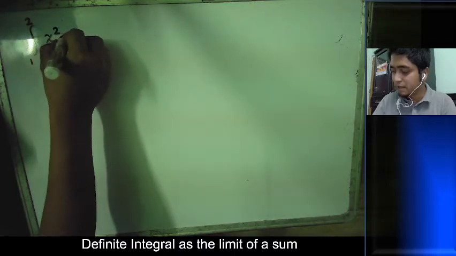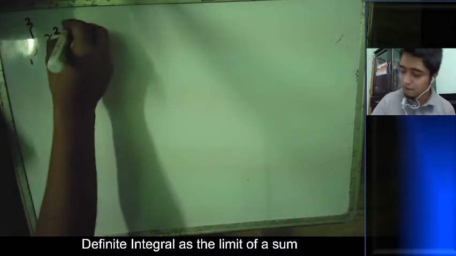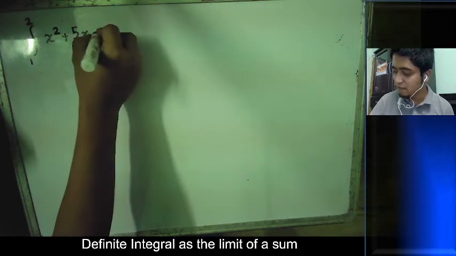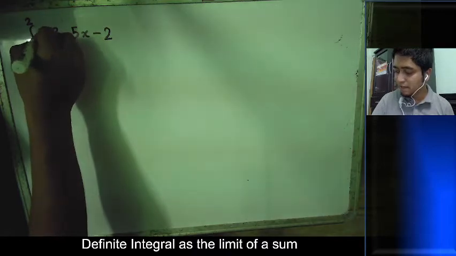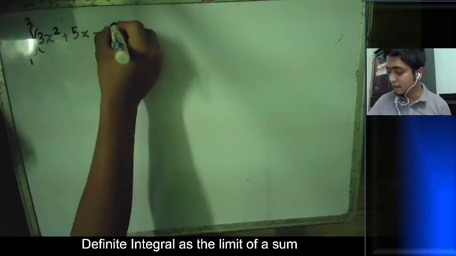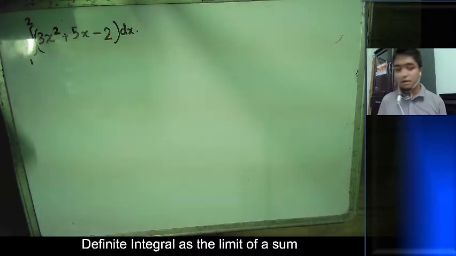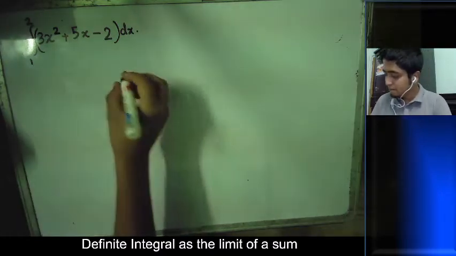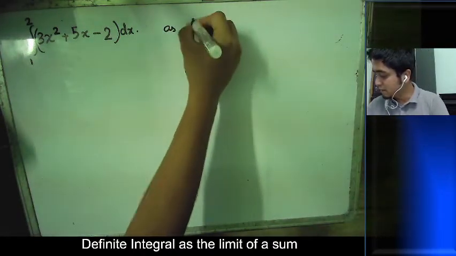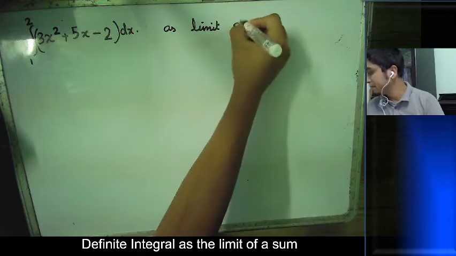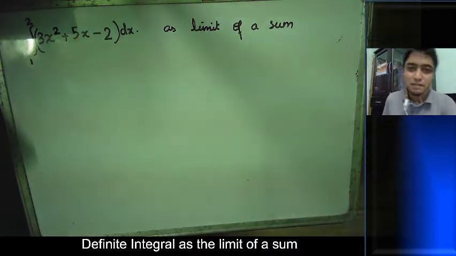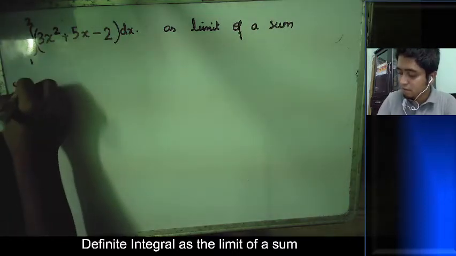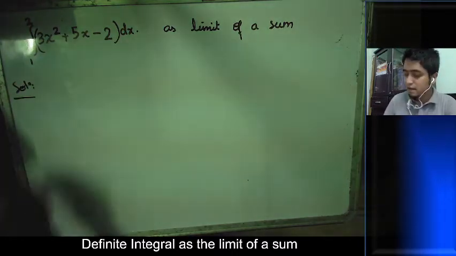I will write over here 3x squared plus 5x minus 2 dx. Evaluate this integral as the limit of a sum. So the solution will start in this way.